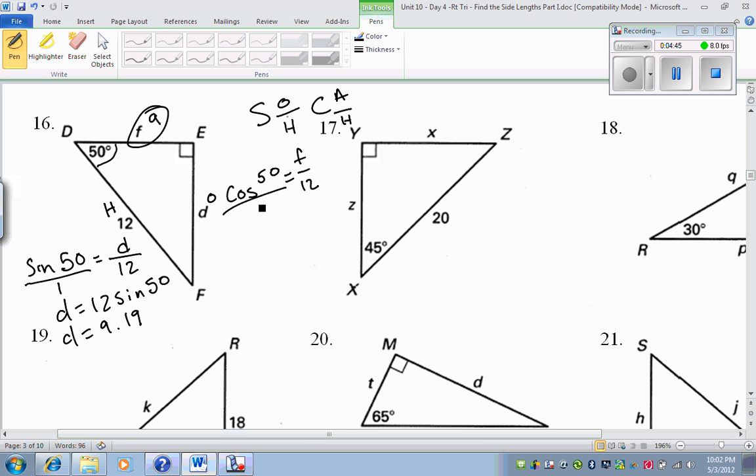If I cross multiply again, I get F equal to 12 cosine 50 degrees. So F is equal to 7.71. All right, that's that. Let me see if I can erase it.